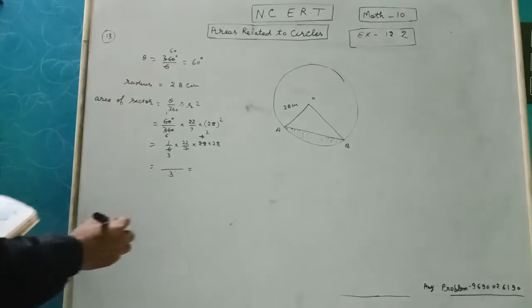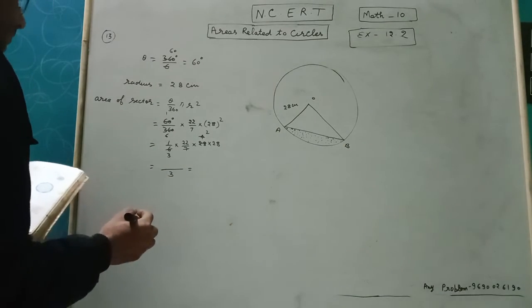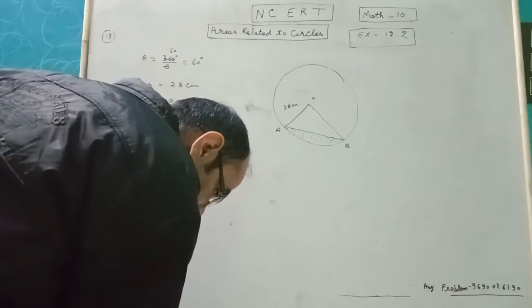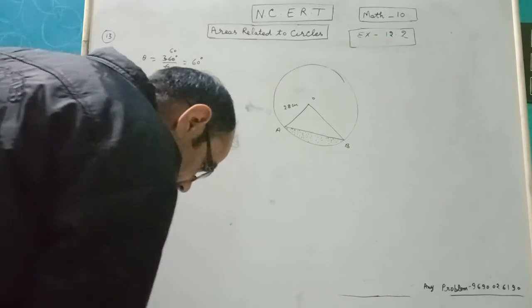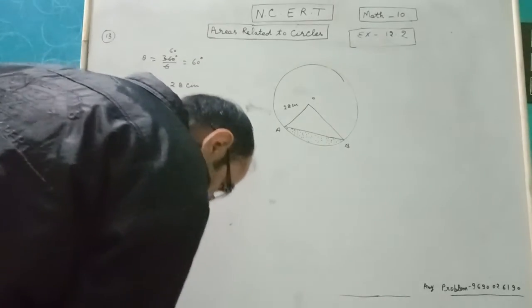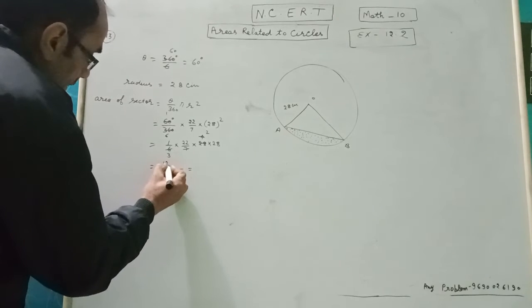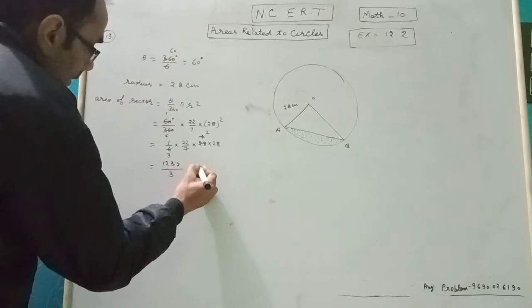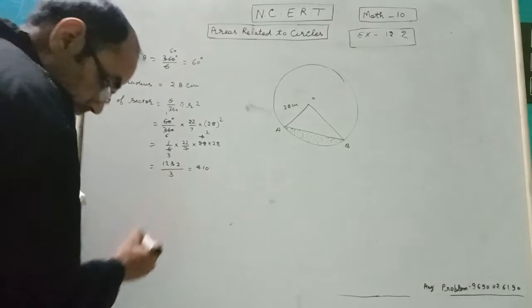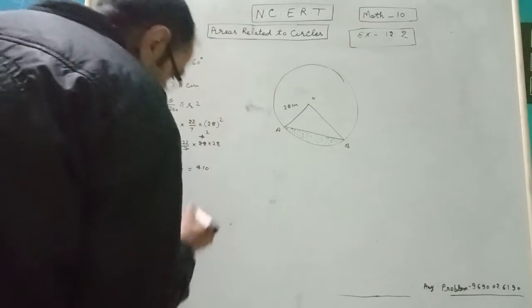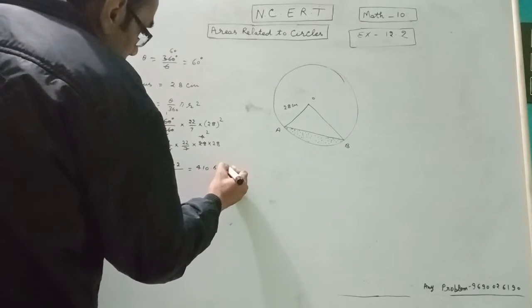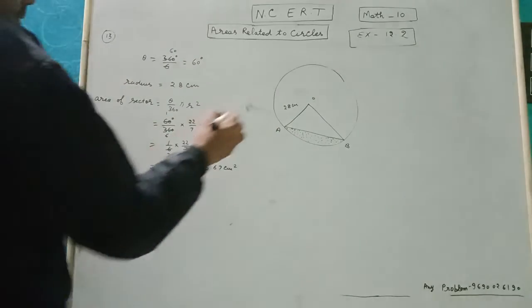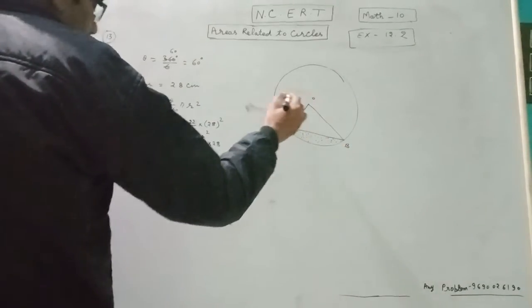After multiplying 22 and 2 and 28, it will be 1232. Divide by 3, 410.67 cm square is the area of this sector.